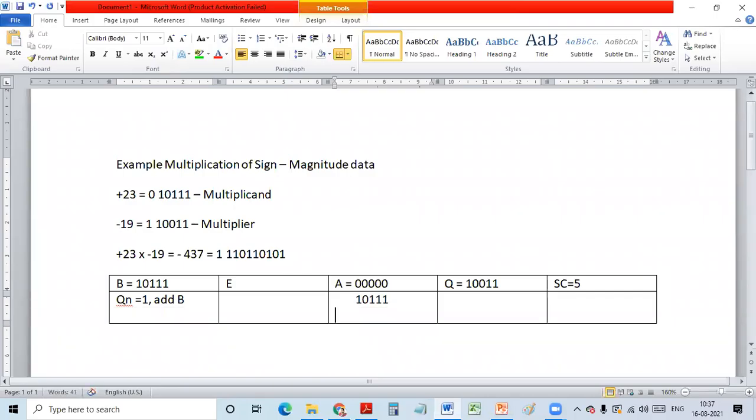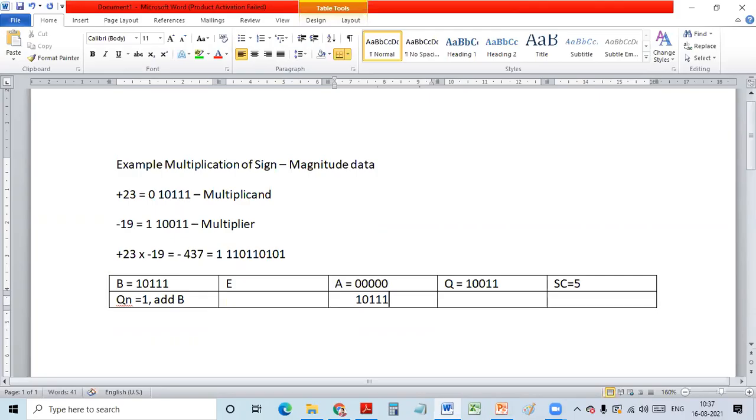I'll be getting the result 10111 only, because A is already all zeros. After adding A, we got this value, and Q is the same value, 10011.